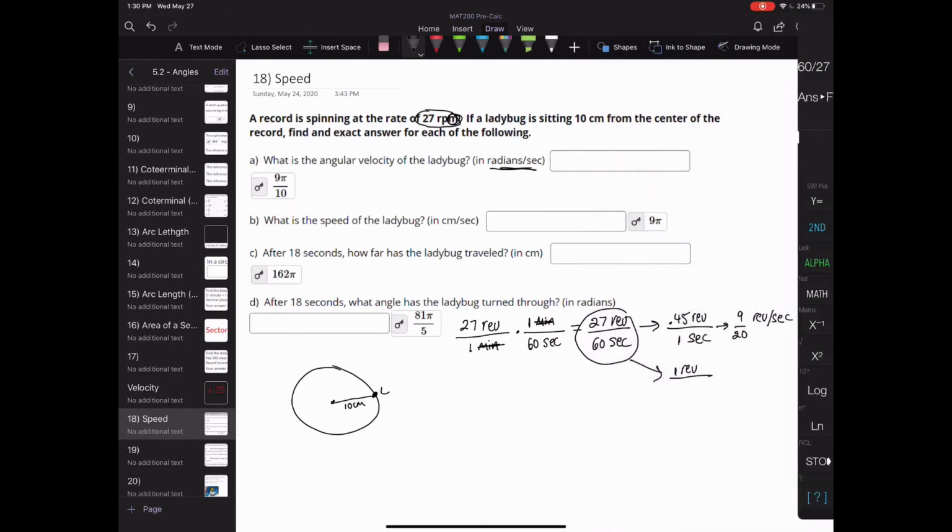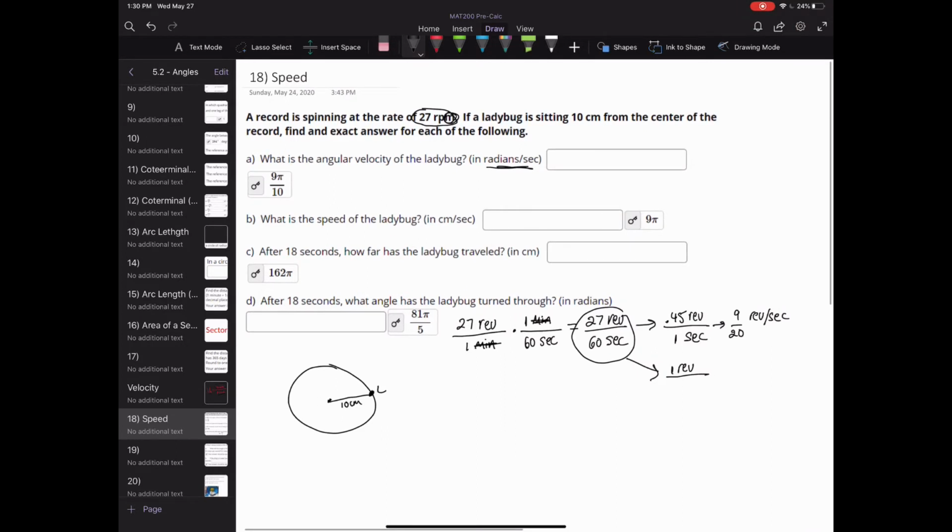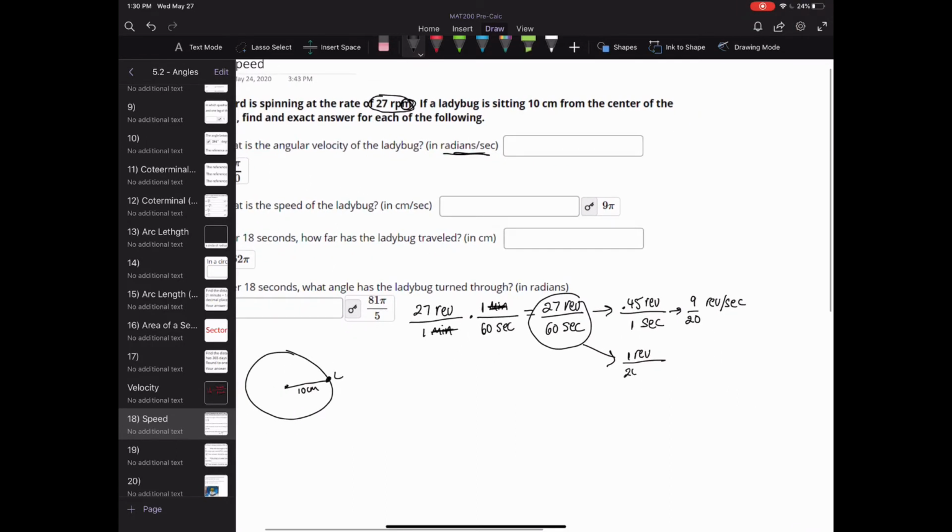Oh, actually, that's right. 20 over 9 seconds. Those two are like reciprocals of each other, but I'm not even going to go into that. This is for every 1 revolution, this is for every 1 second. So keep that in mind.